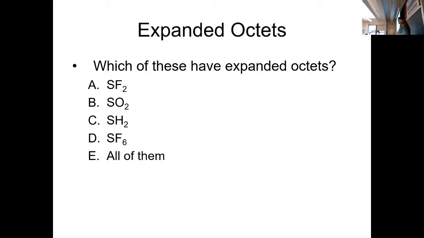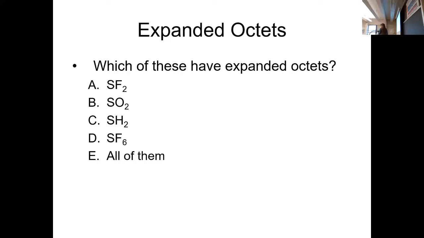One way to know right off the bat is that if I have more than 4 things bonded to the central atom, it automatically has to have more than 8 electrons, because each bond is 2 electrons. So that letter D, SF6, has to have an expanded octet.